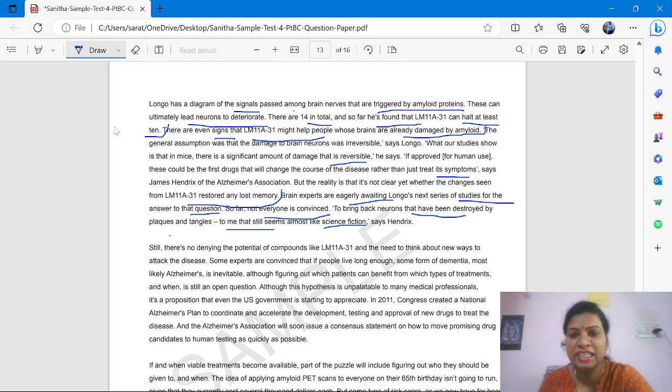But the reality is that it is not clear yet whether the change seen from LM11A31 restored any lost memory. Brain experts are eagerly waiting for Longo's next series of studies for the answer to that question. So far, not everyone is convinced to bring back neurons that have been destroyed by plaques and tangles. To me, that still seems almost like science fiction, says Hendricks.